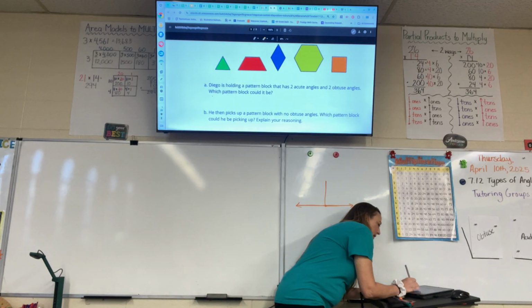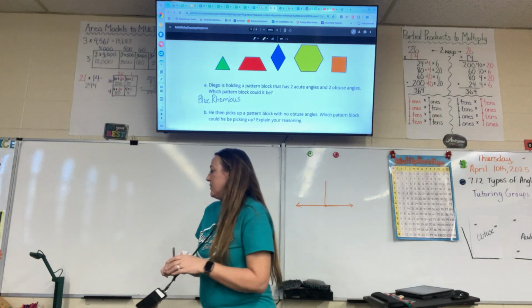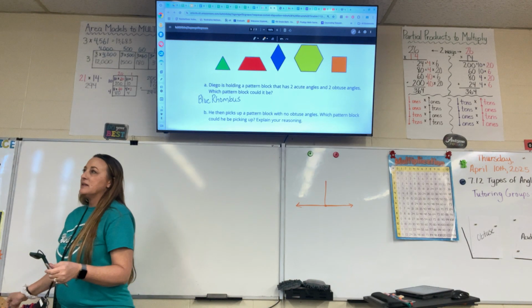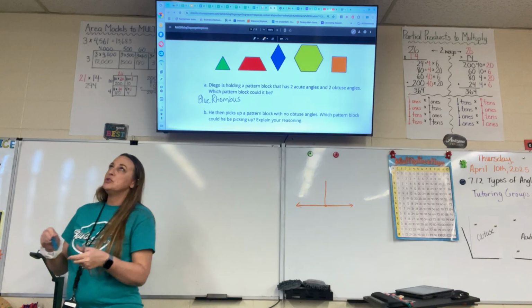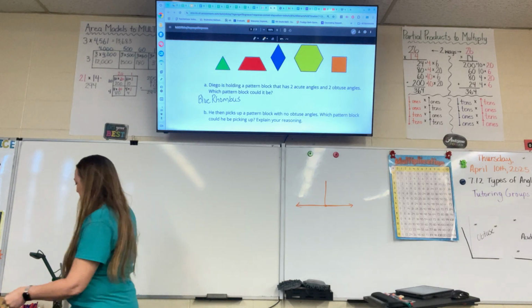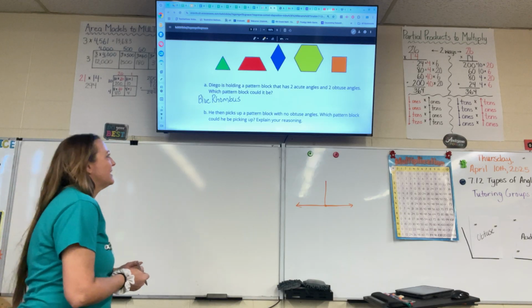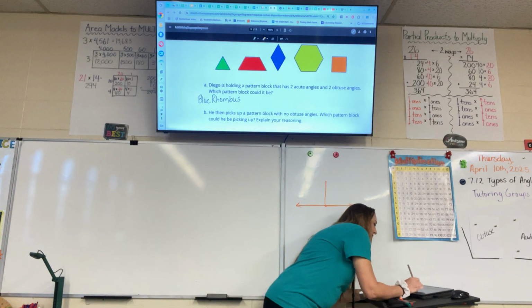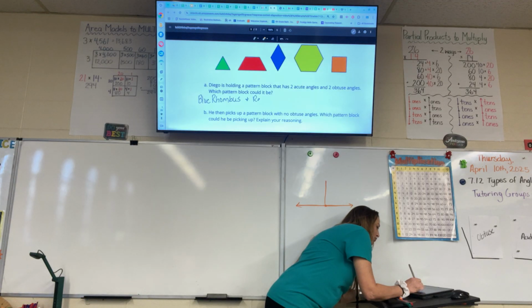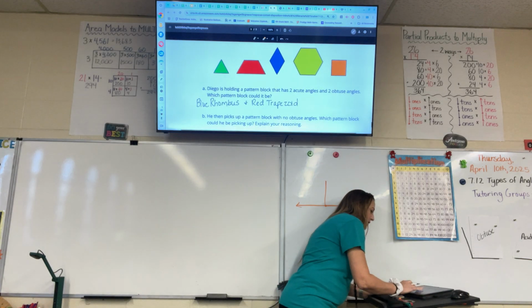So we're gonna put the blue rhombus as one of the shapes he could be holding. And then there is one more shape that is made up of two obtuse and two acute angles. Ari, what is it? Yep, the red trapezoid. So the blue rhombus and the red trapezoid are the two pattern blocks he could be holding.